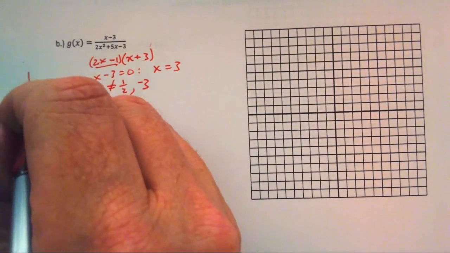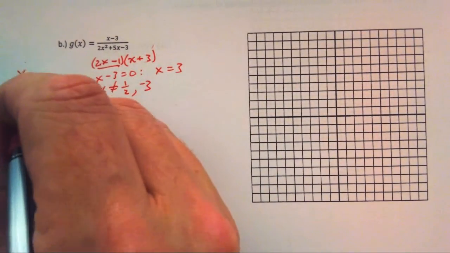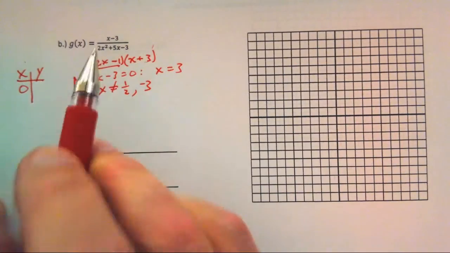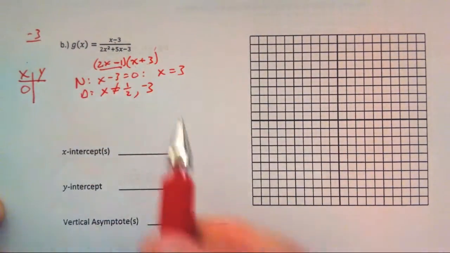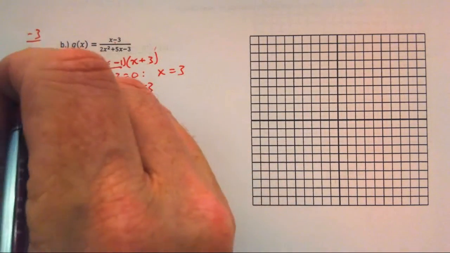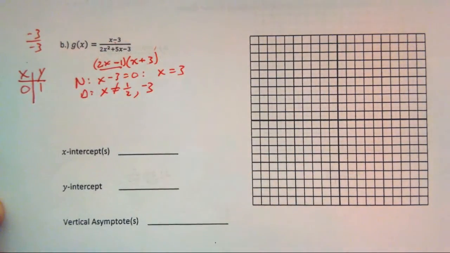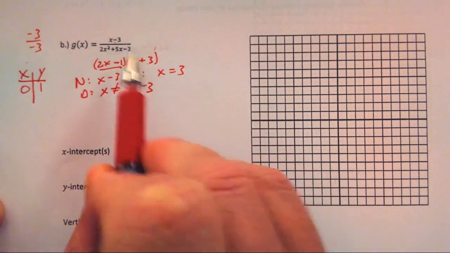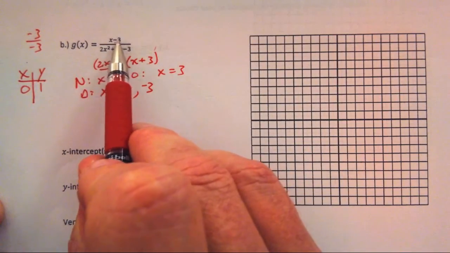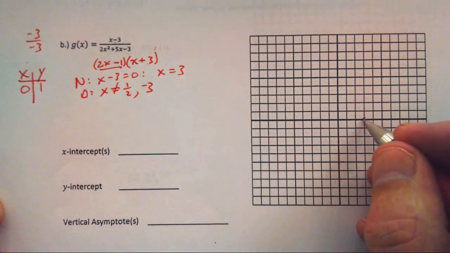And finally, my small mini t-chart. If x is 0, I get -3 over -3, for a point of 0, 1. So what do I know? The numerator is 0 at 3. So when I put in 3, I get a numerator of 0. 3 is a 0.